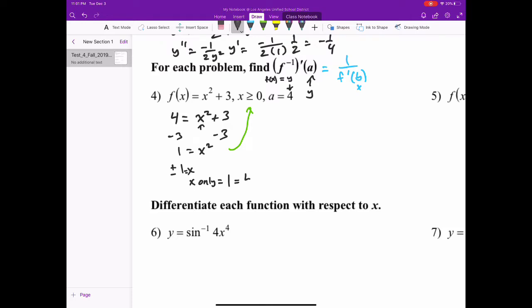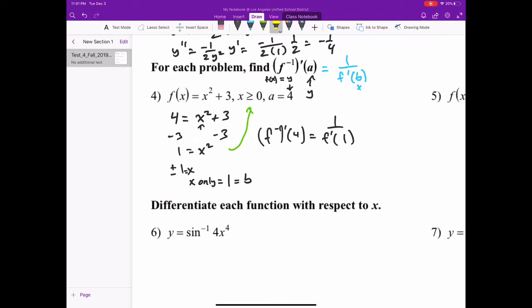This is also our b value, right? So let's go ahead and finish our problem. I'm going to say f inverse of 4 is equal to 1 over f prime of b, which is our x value, and our x value we said was 1. Now let's go and find what that derivative is.